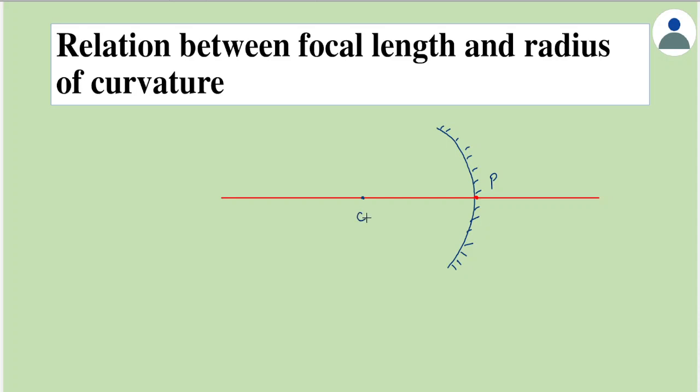Somewhere here is the center of curvature. Now in this case, we will take a parallel light ray, something of this kind. The angle which this light ray makes with the normal, this angle here, is called theta, which is the angle of incidence.